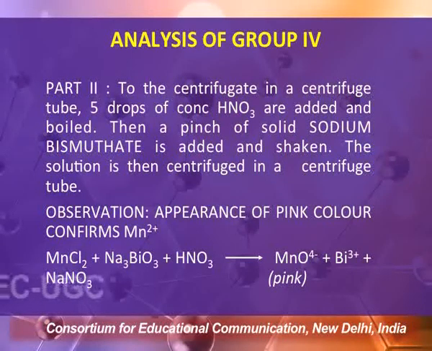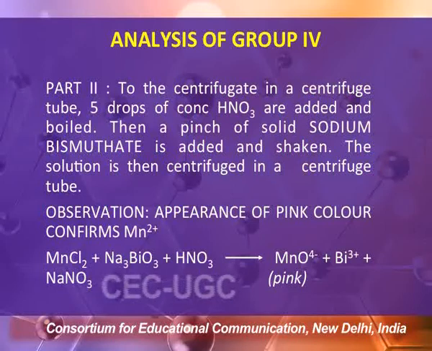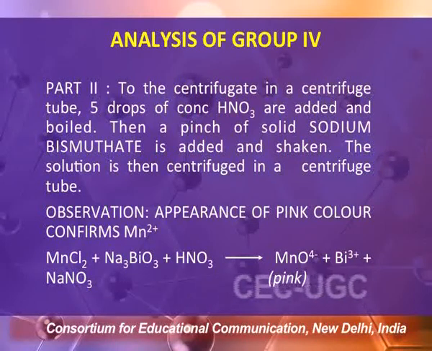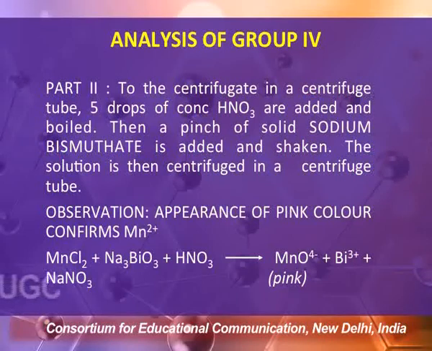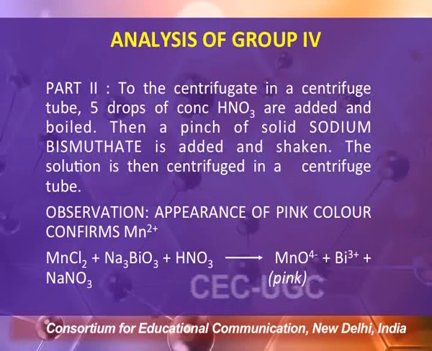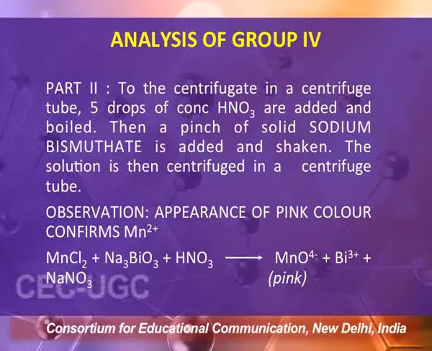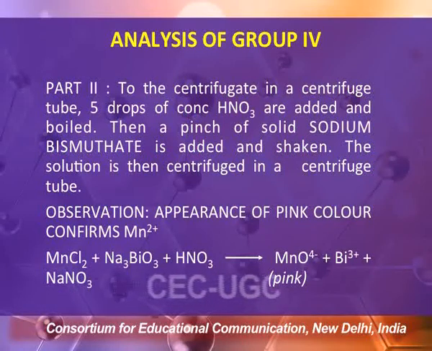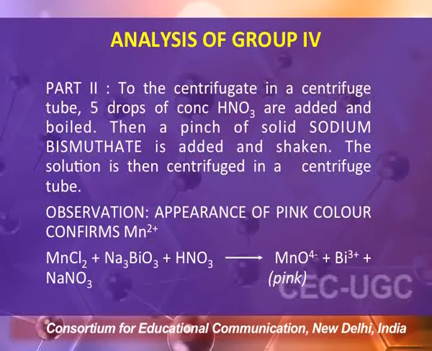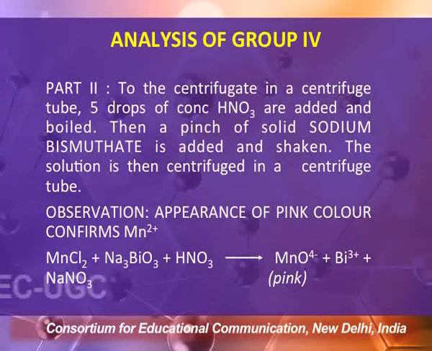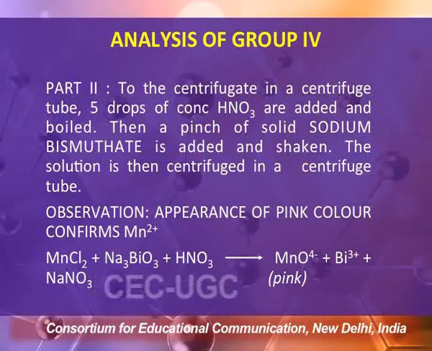If there is an appearance of pink color in the solution, it confirms manganese in the mixture. This is the equation explaining the above procedure. Manganese chloride reacts with sodium bismuthate in the presence of nitric acid to form permanganate ions, which are pink in color, and along with that bismuth ions and sodium nitrate are formed.